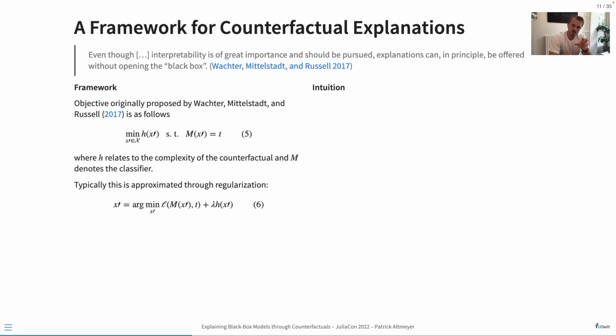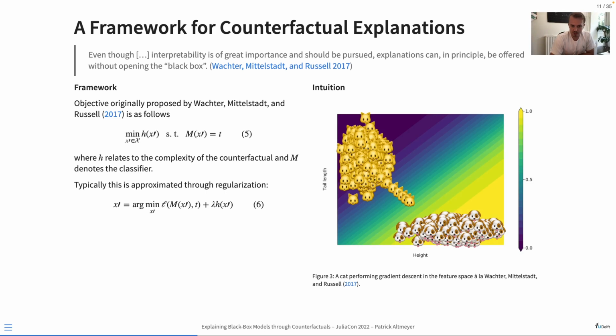We want to investigate what kind of input changes it takes to make that happen, to fool the classifier M into thinking that this factual label, now moved to a counterfactual state of the world, presents a different outcome. Typically this is done through gradient descent in the feature space or some latent representation thereof. I've illustrated this here. This cat is moving from her factual state to a counterfactual state that will lead to a change in the predicted label from cat to dog.